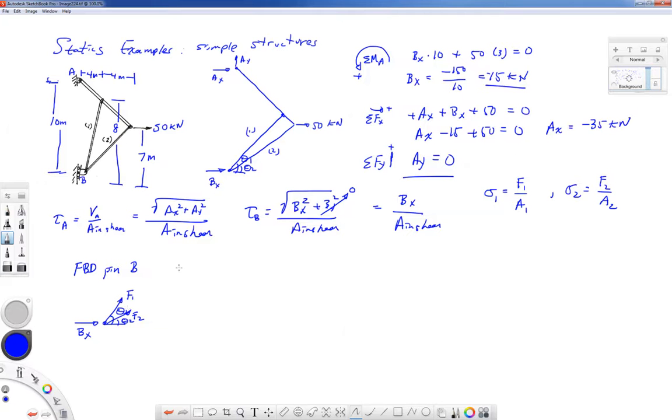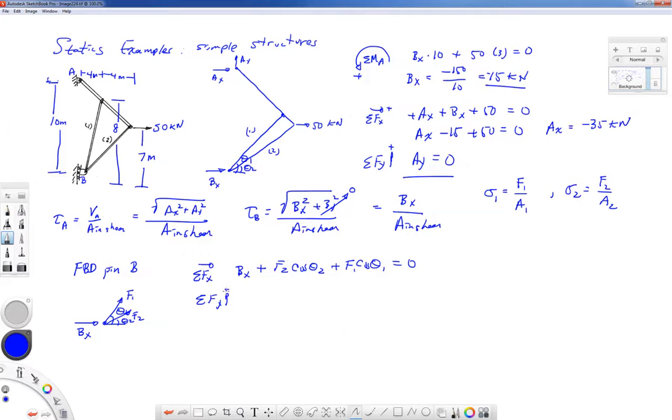And so if we write down the equation, the summation of forces in the x direction, we'd have Bx plus, let's see, it looks like the cosine component of force F2. So we'd have F2 cosine theta 2, and then we'd have the cosine component of force 1 equal to 0.